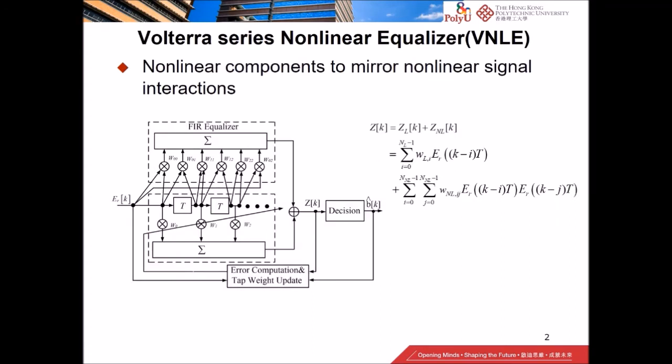Another direction of digital signal processing that one can think of is what we call a Volterra series nonlinear equalizer. What we have discussed just now is mainly for compensation of linear impairments. As we know, in short-reach communications, there are various sorts of nonlinearity, not the traditional fiber nonlinearity per se.